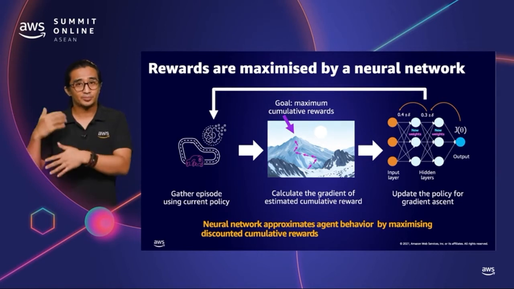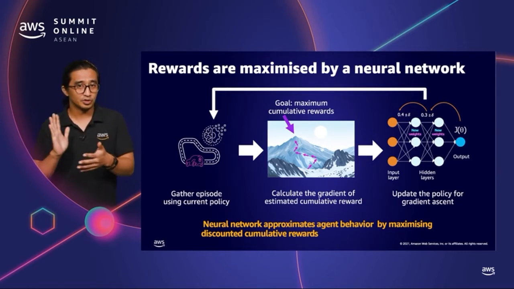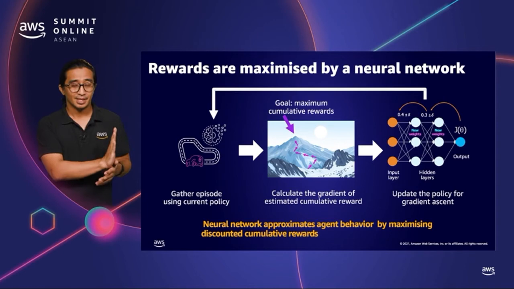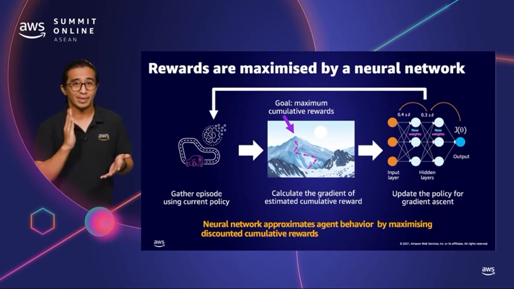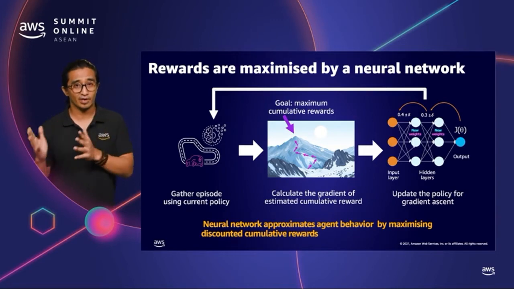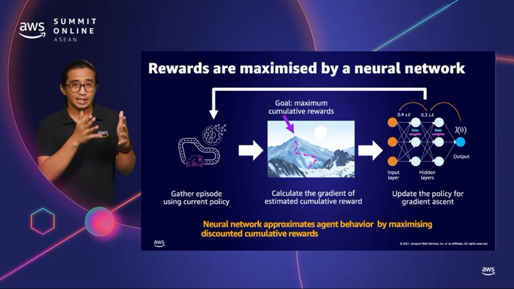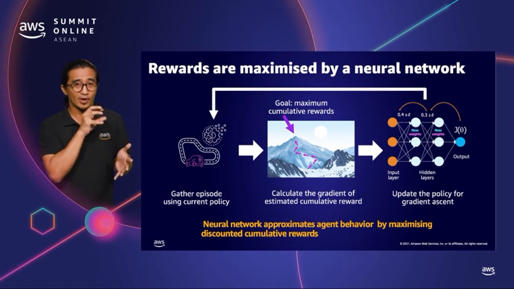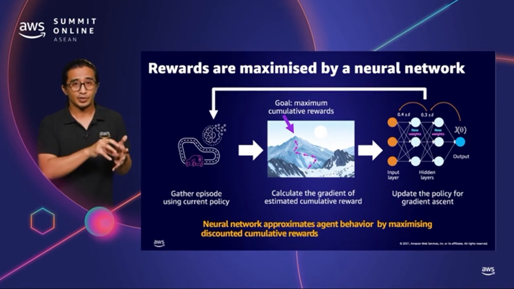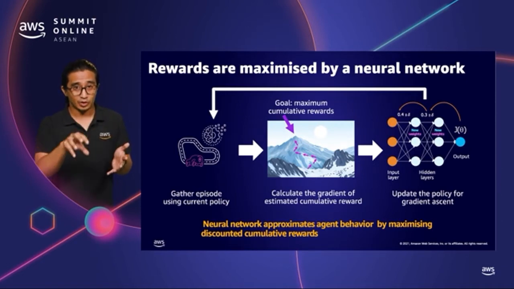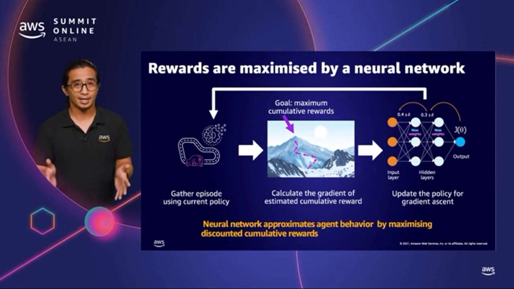Now, after these experiences are gathered, we push them through a gradient ascent. And gradient ascent learns the new neural network weights by maximizing a cumulative discounted reward function. The cumulative discounted reward function is critical because this is where the reinforcement learning agent learns. So it's not only learning the action it has to take here and now on the track, but it's looking ahead.